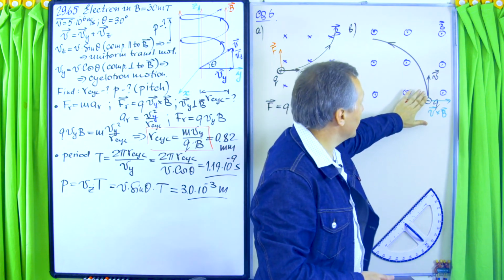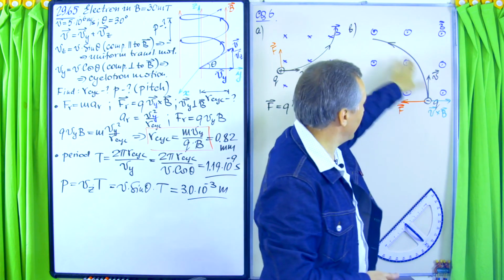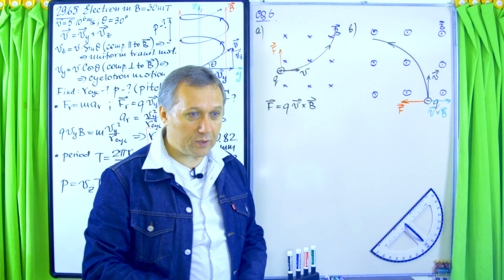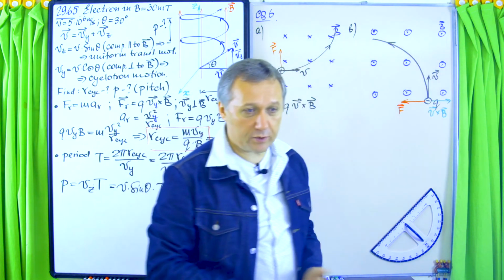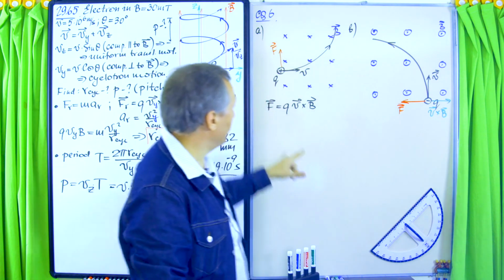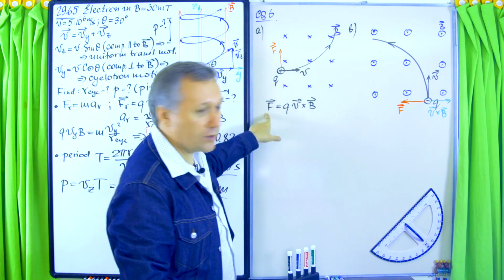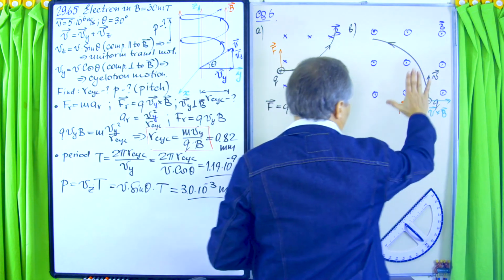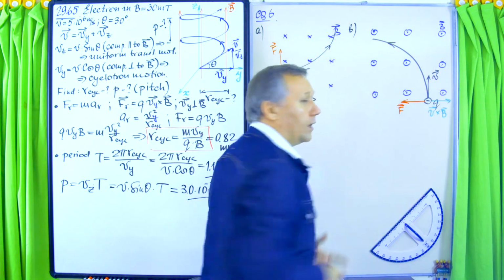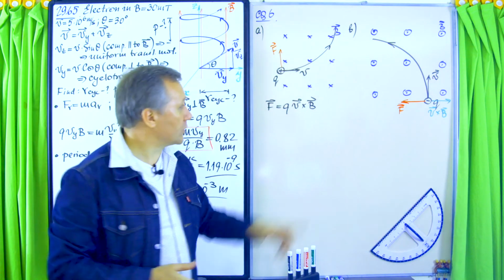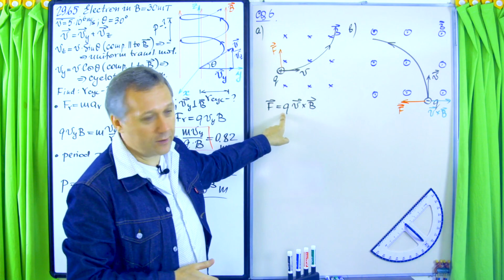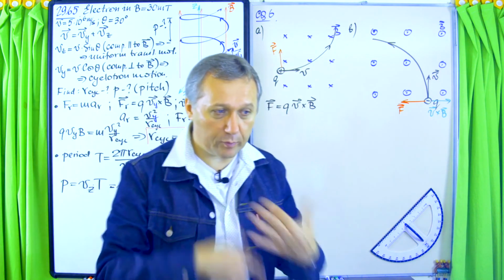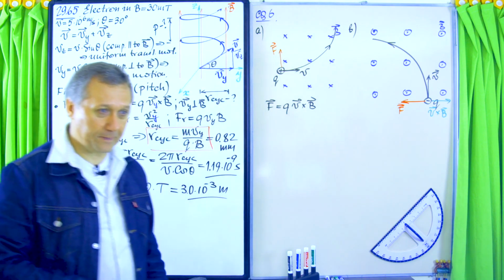Information about the force you can get again from the trajectory because it is bent this way, so it means that the force is this way, right? And of course, the magnetic field information is given. So again, you need to compare the direction of V cross B with the direction of F. F that way, V cross B will be that way. So you see, they are in opposite directions, and it's possible only when the charge is negative. So in this case, you can also get information about the charge. The problem is stated differently.